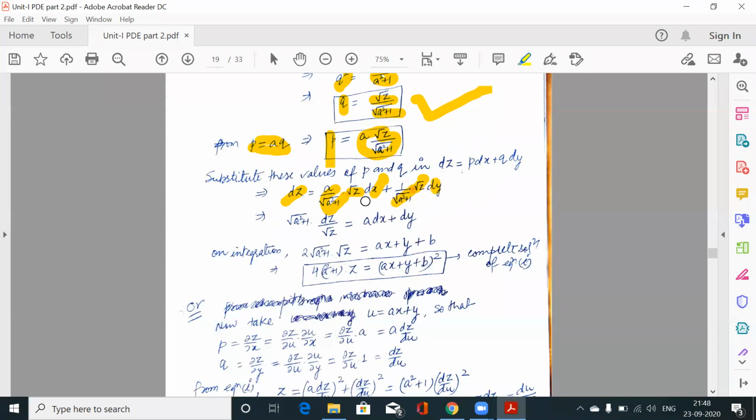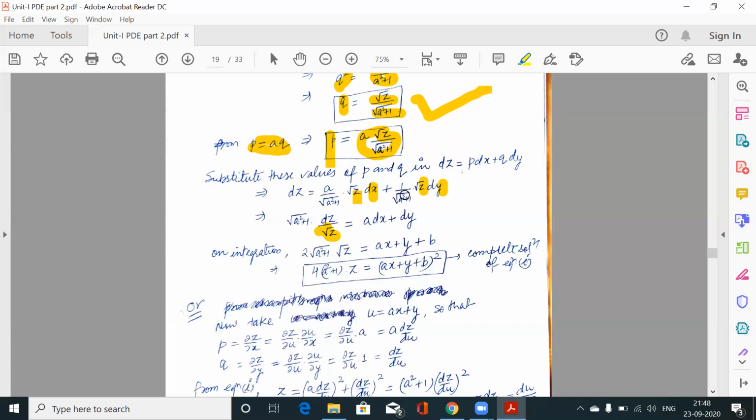Because this square root z cannot be integrated with dx, and again this square root z cannot be integrated with dy, we keep that term out and bring it under the denominator of dz.